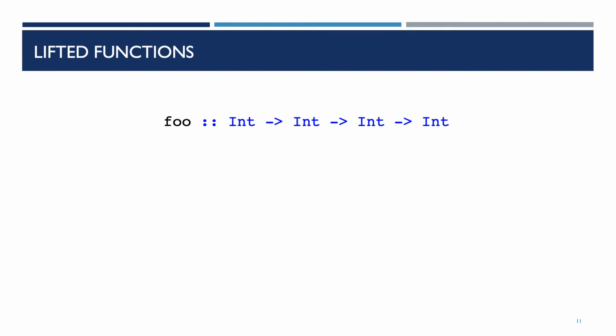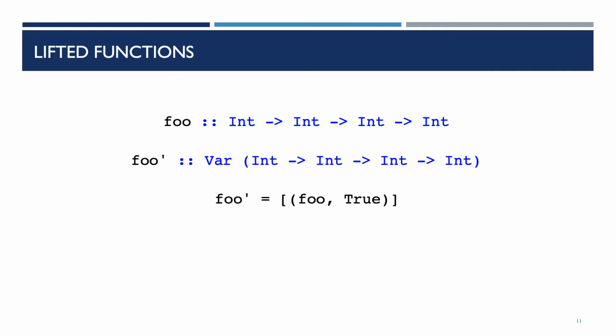In functional languages, functions are values. For example, foo here is a function that takes 3 integers and returns an integer. So we can apply the same var type function to this function type. So foo prime becomes of this type, and one example value of foo prime is foo with the presence condition of true.